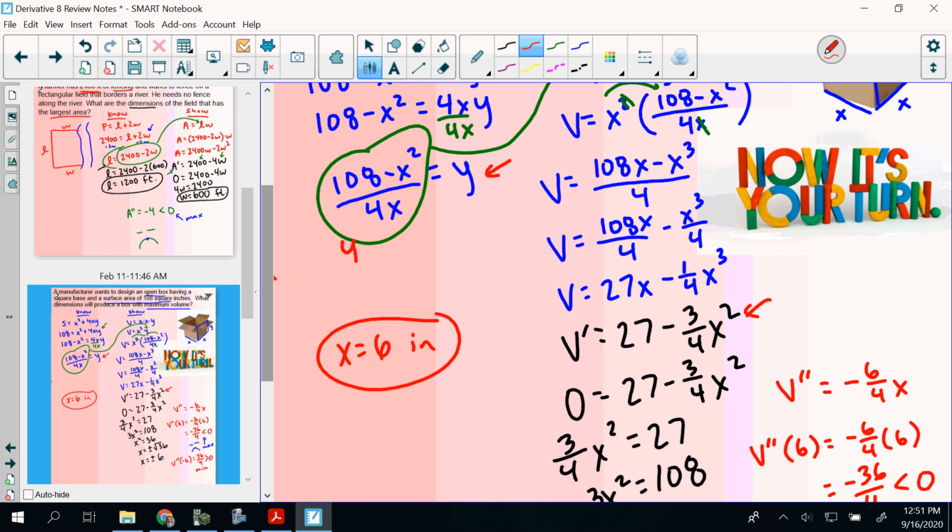So now just plug in 6 here for our x's and solve it out and see what you get. So that could be like a calculator thing right there you could do. And if you plug that in, looks like the y value comes out to be 3 inches. So that would be the dimensions of the box that give the maximum volume.